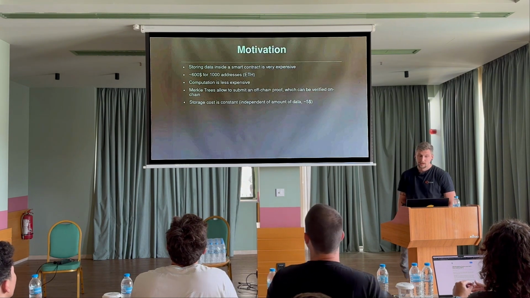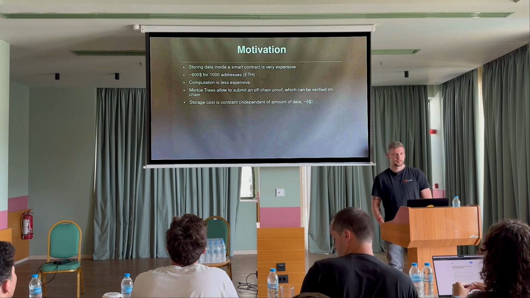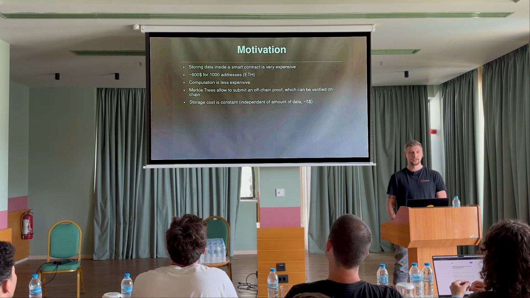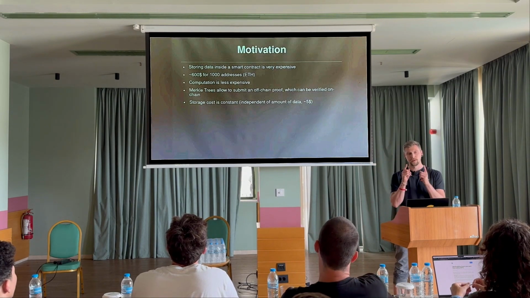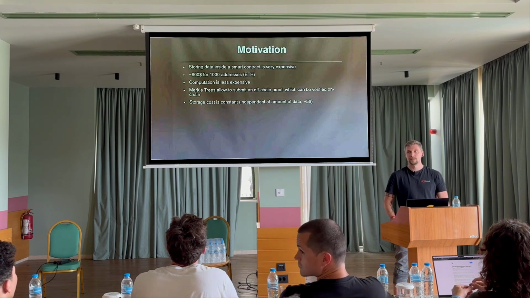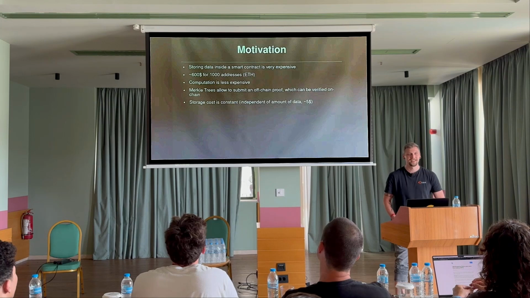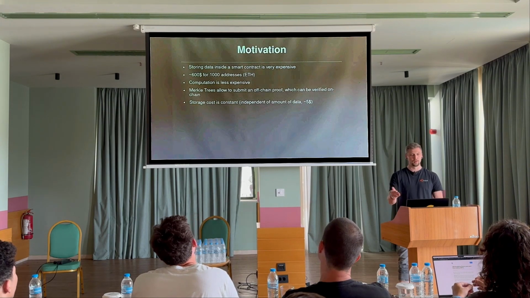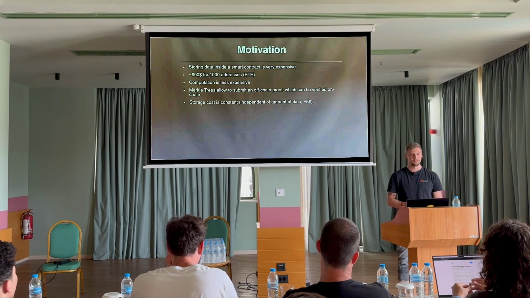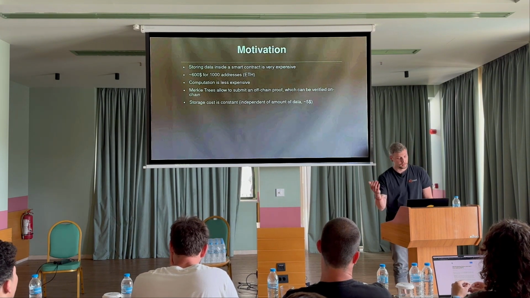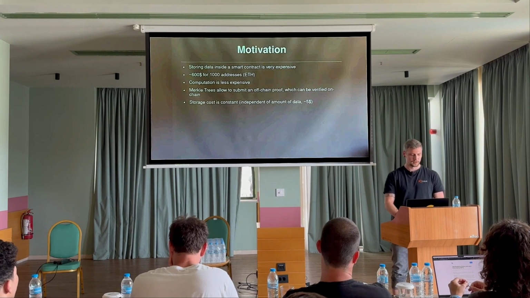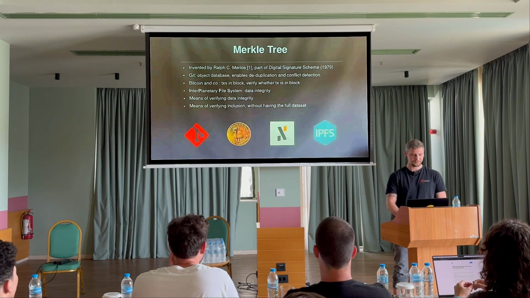On the other hand, computation is less expensive. With Merkle Trees, you can submit a constant piece of data, then inject a proof when you call a specific function, and still authenticate people. That would have been just around $5 at that time.